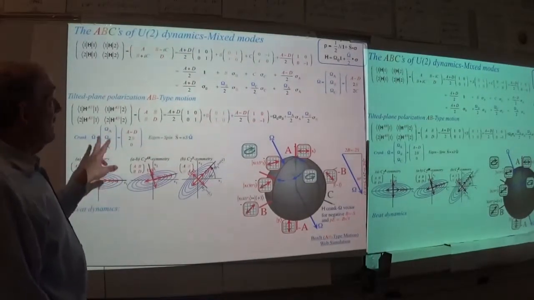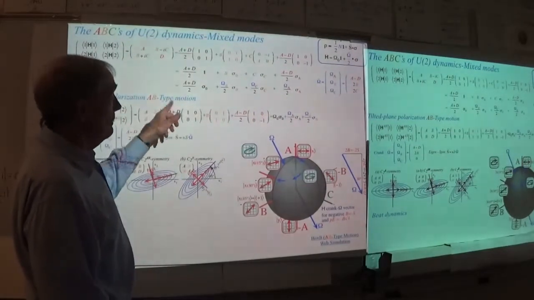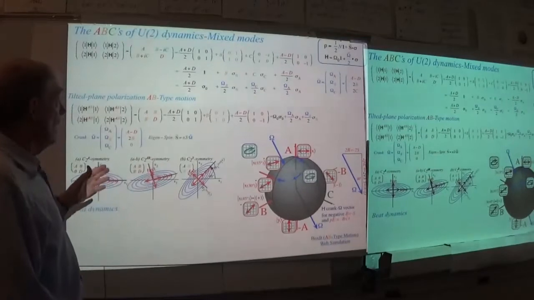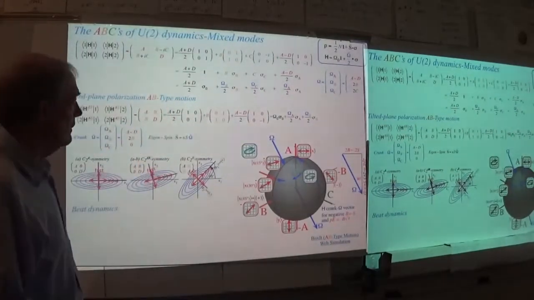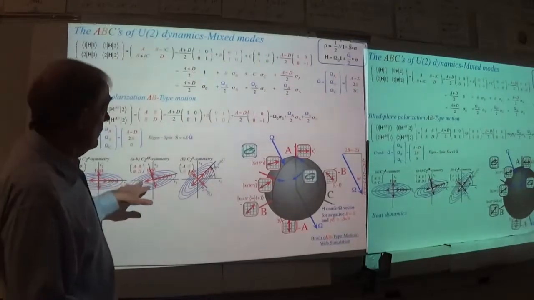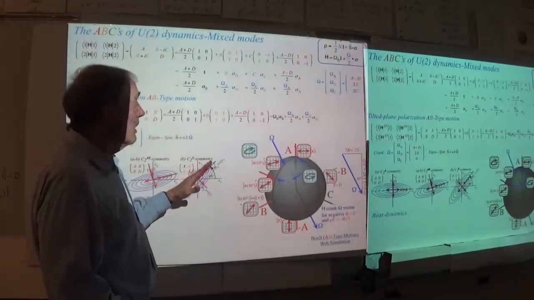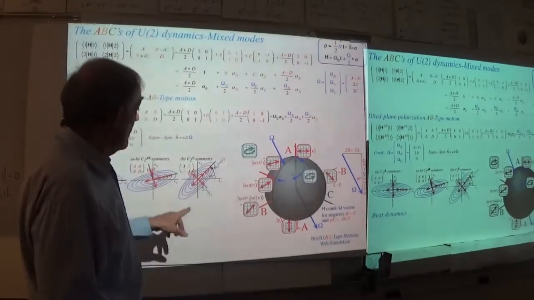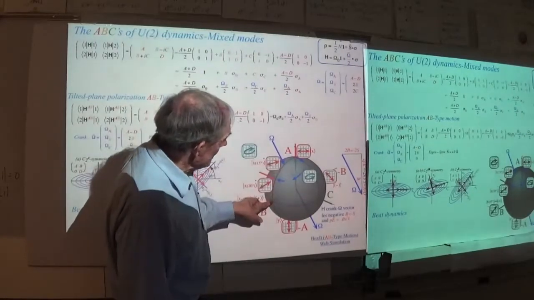But I can take any two of these, A and B, A and C, or B and C, and get similar sorts of things. But this is the easiest one. This is the one that doesn't involve the imaginary numbers, and I don't need to do anything fancy with the polarization. It'll always be straight line polarization. So basically what we're dealing with here is the A-B equator.